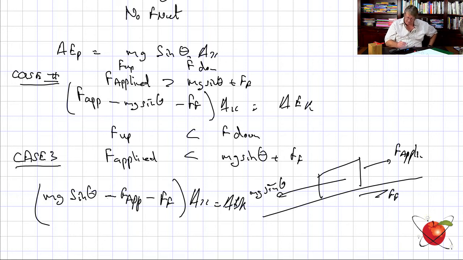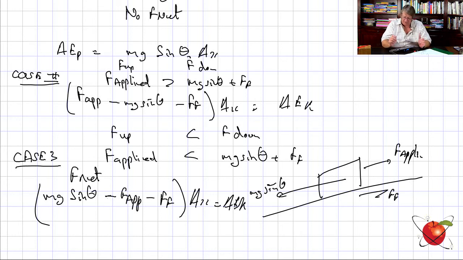Right? This is my F net. My F net is now downslope. I'm accelerating. In other words, the force I'm applying isn't enough. It's pulling me down the slope. I can't hold it. It's pulling me away down the slope, right?